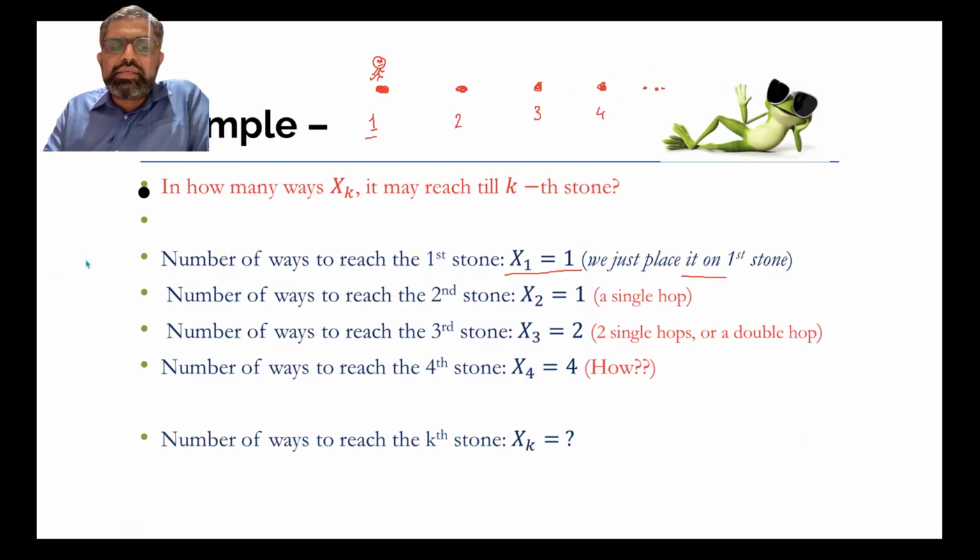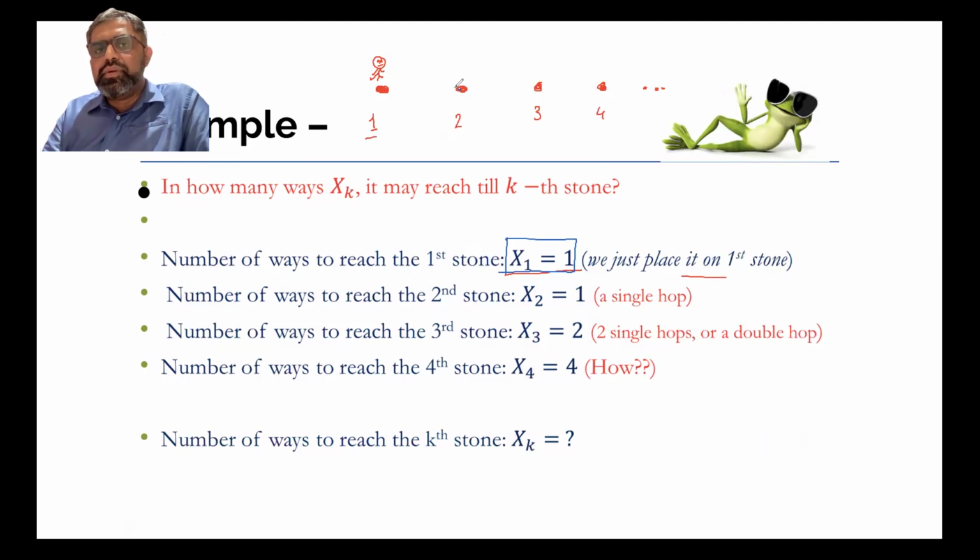So in how many ways can it reach stone number 1? We just place the frog on the first stone. So there is only one way. So we write it down, x1 is equal to 1. There's only one way to reach stone 1, that somehow our frog came and sat down on the first stone. How can it reach stone number 2?